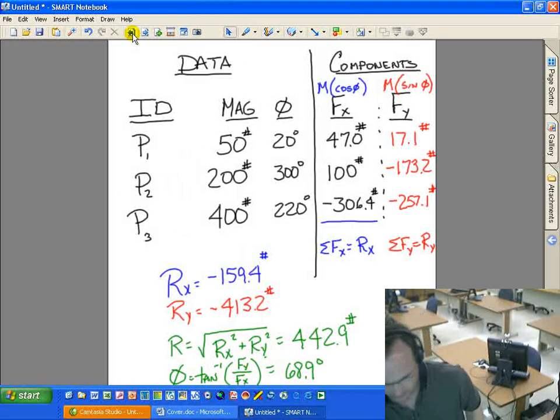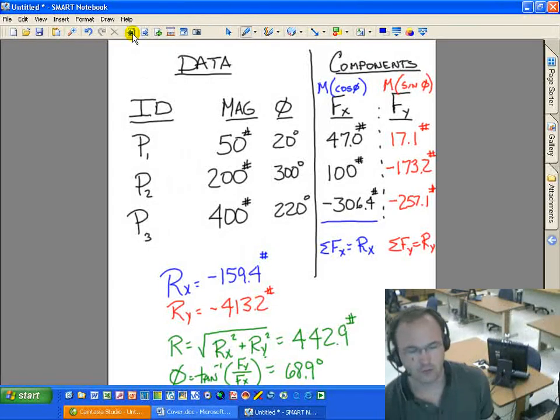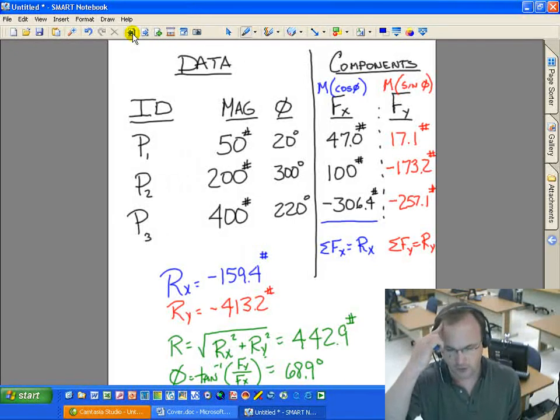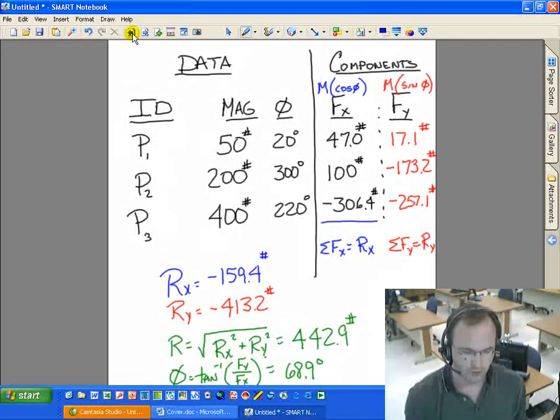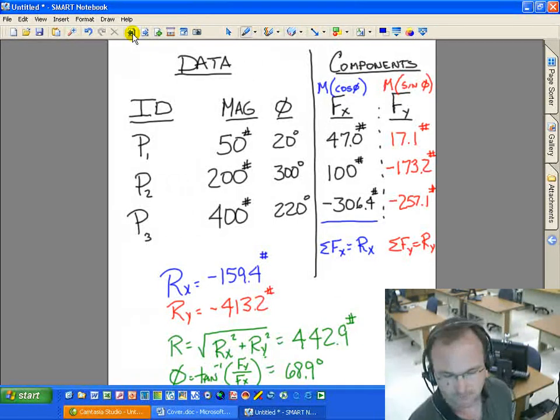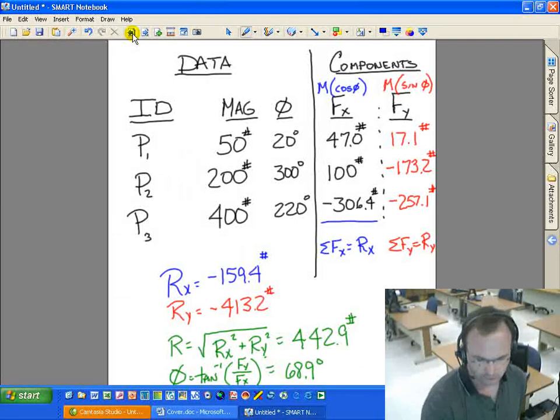So if we had the effect of 50 pounds at 20 degrees, 200 pounds at 300 degrees, and 400 pounds at 220 degrees, the end result is going to be coming down significantly in the y and not much in the x.